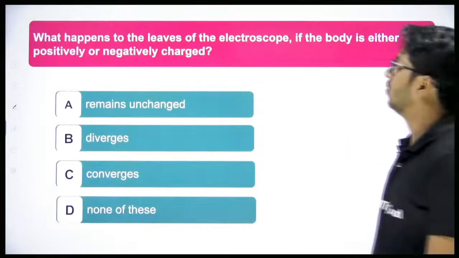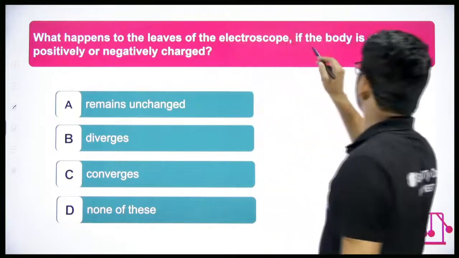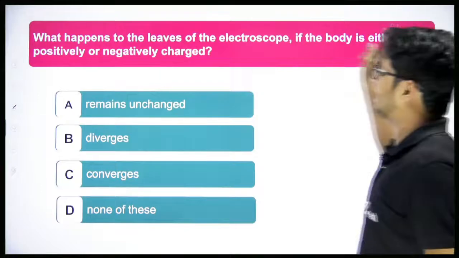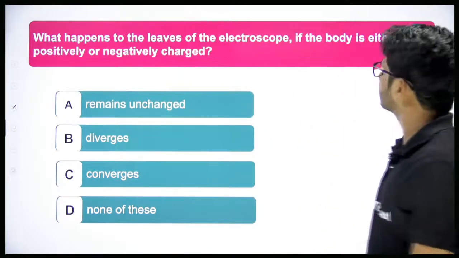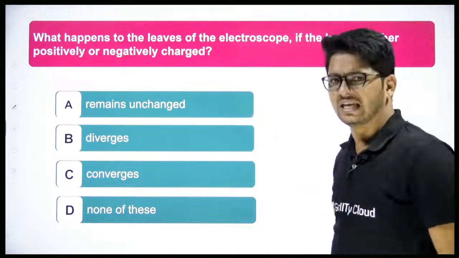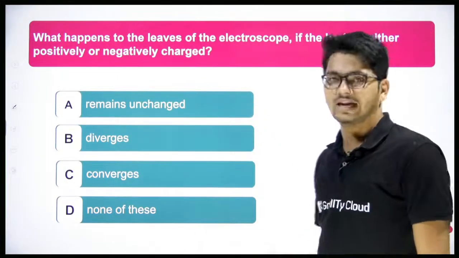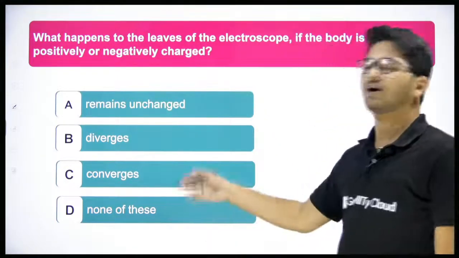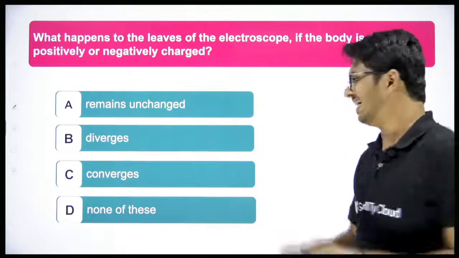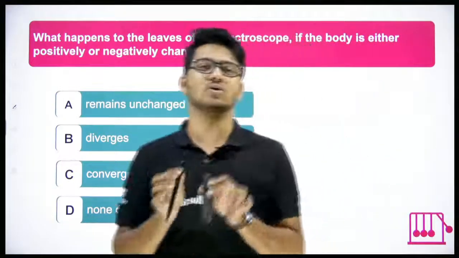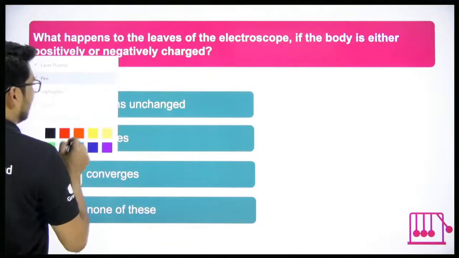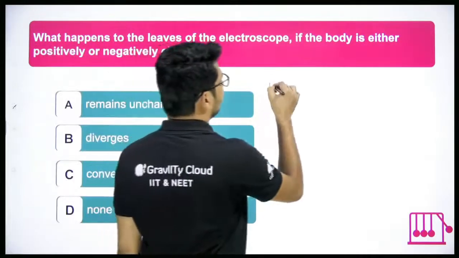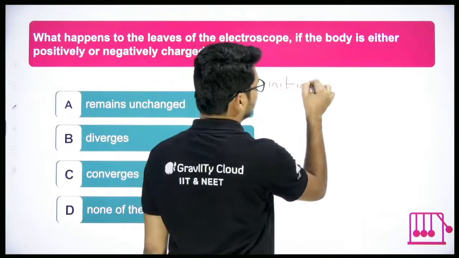Next. What happens to the leaves of the electroscope if the body is either positively or negatively charged? The leaves remain unchanged, diverge, converge, or none of these? Let's say initially the electroscope is uncharged. It's not mentioned here, but we have to go with that condition.